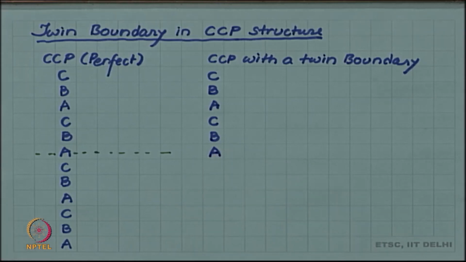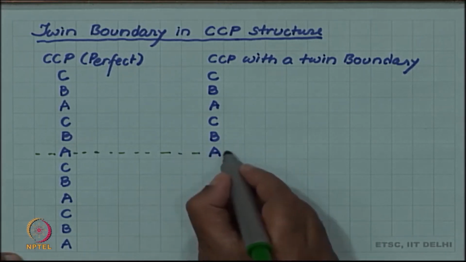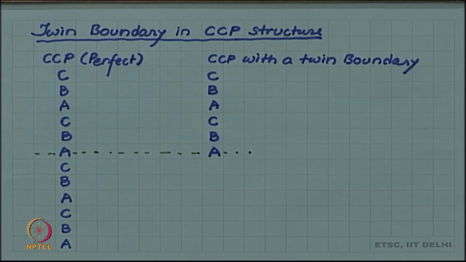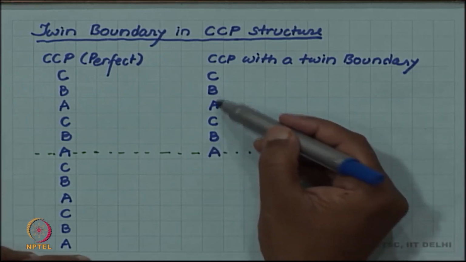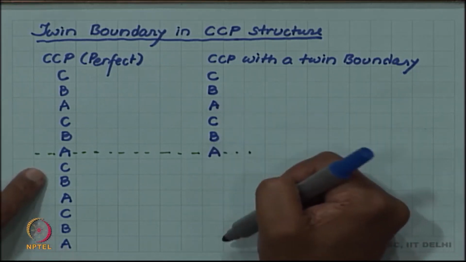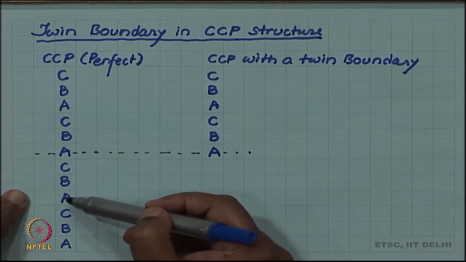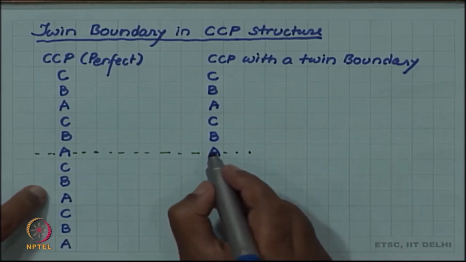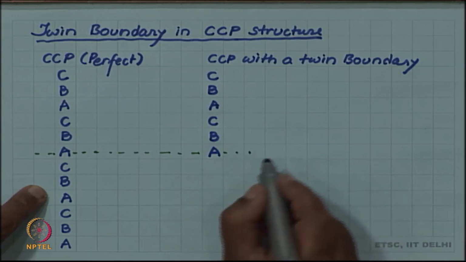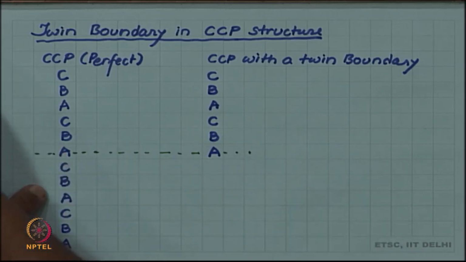To make it a twin plane, instead of continuing the same sequence CBA, CBA down below as we had done here, now I am assuming this to be a mirror plane.